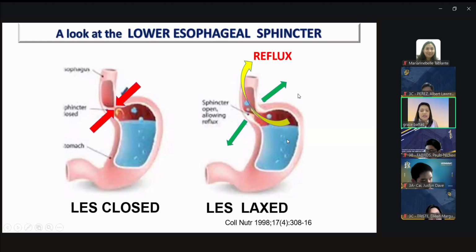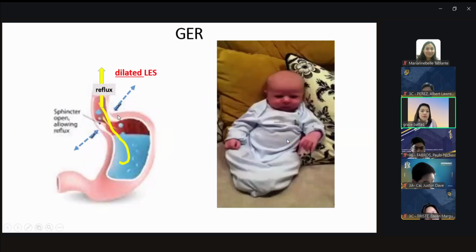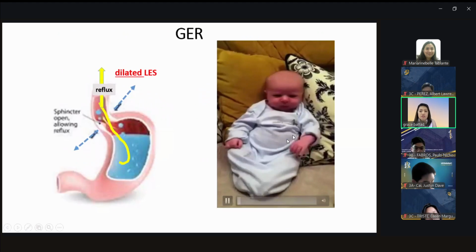In infants, there is still a physiologic immaturity of this lower sphincter. That is why the lower esophageal sphincter tone is so lax. It is open most of the time. That is why some of the children would be having episodes of reflux after each feeding. So this one is an example of a GER.